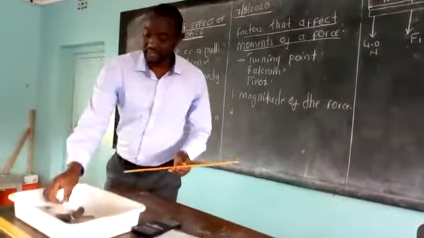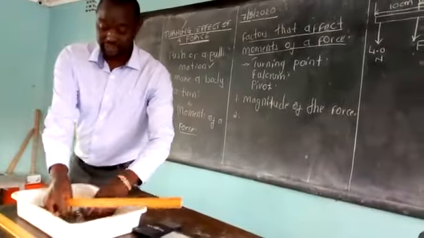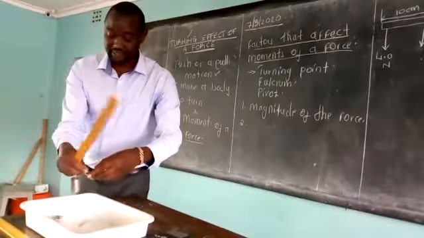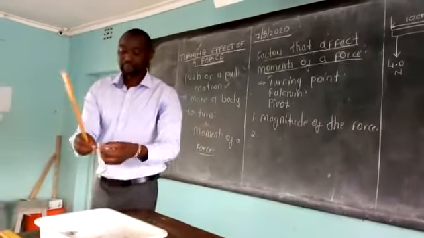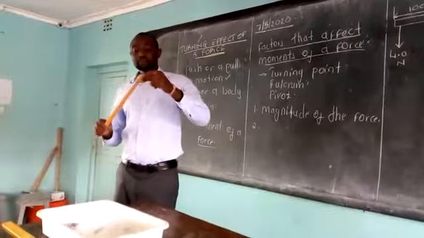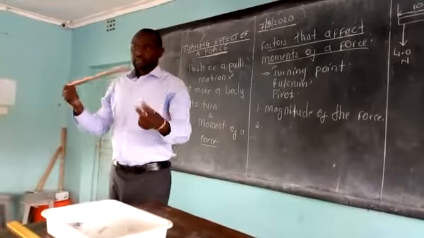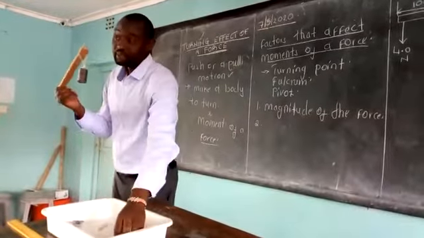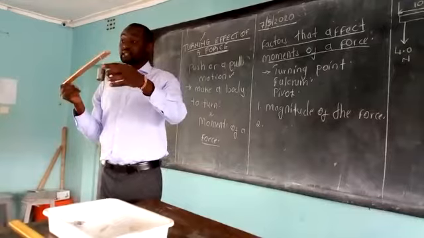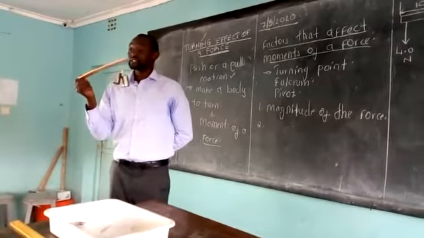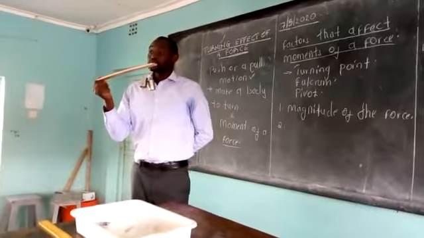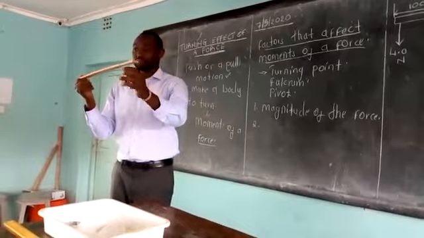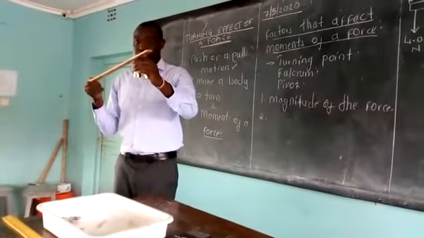which we'll get as we do this demonstration, in this case, I'm going to use two masses. Throughout, we are going to keep the magnitude of the force constant. We are not going to change the force that we have. What we'll do is bring these masses closer to the turning point, bit by bit.